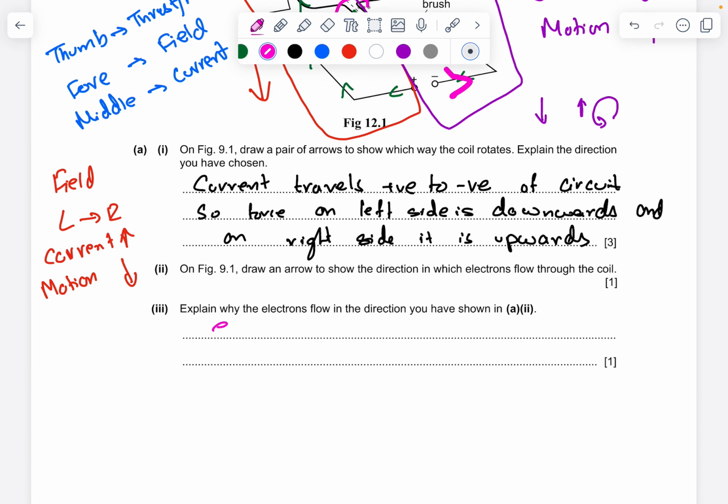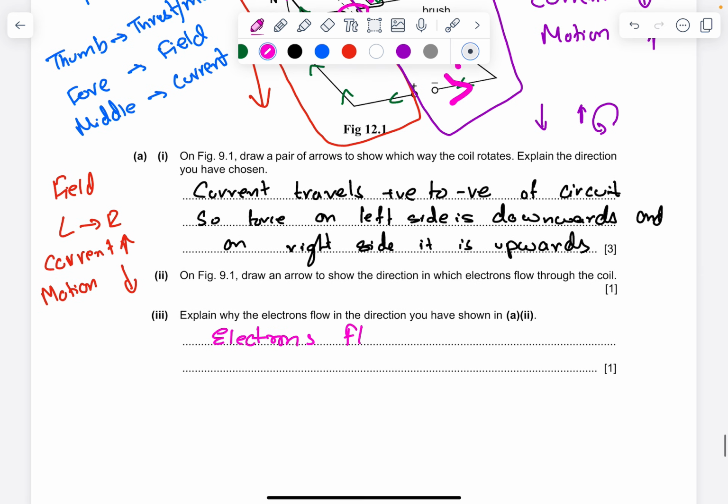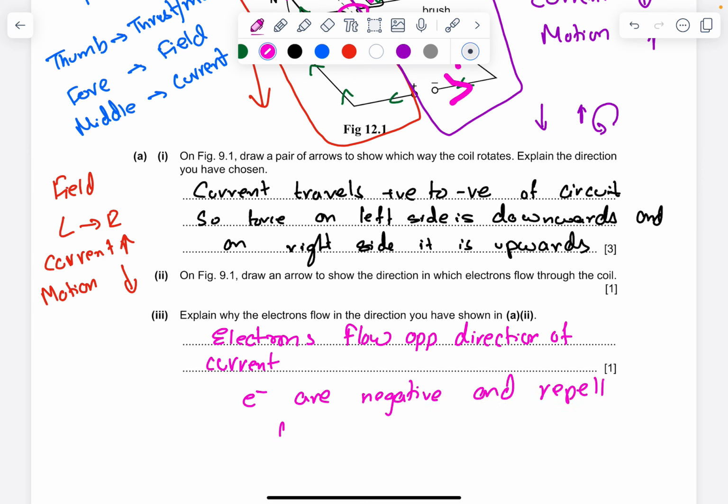Because electrons flow opposite to the direction of current, because electrons are negative and repel from the negative connection of the supply.